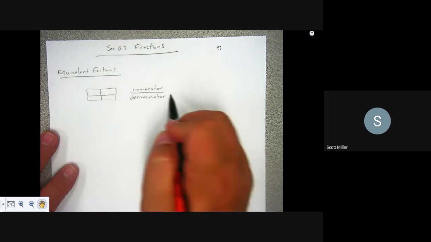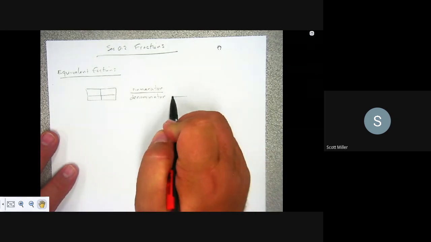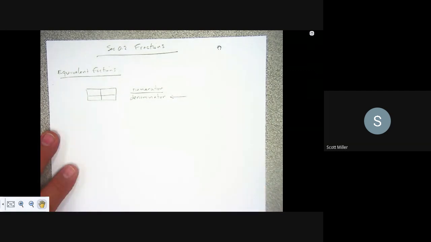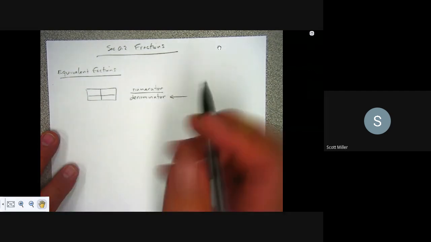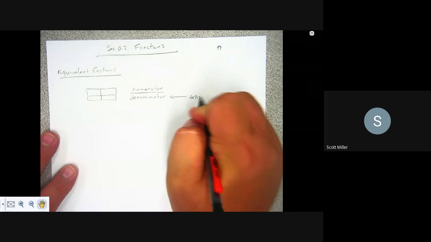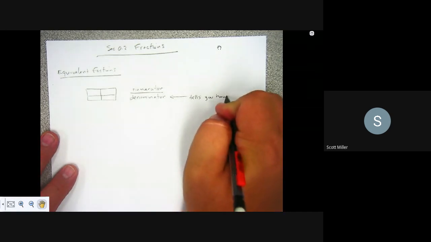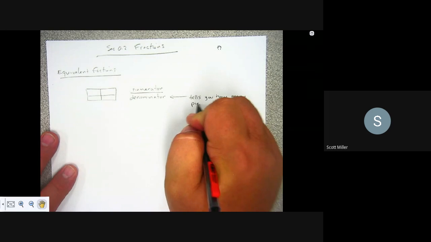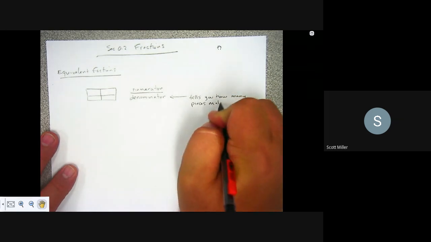The bottom number, the denominator, if you think about this model that I've done, cut up into pieces, the bottom number tells you how many pieces make a whole.